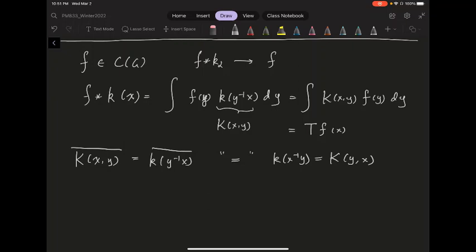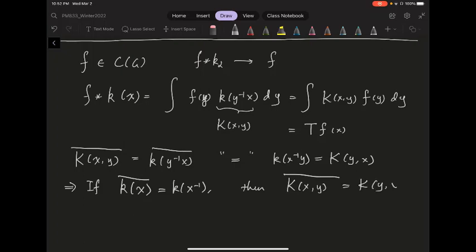And you see this just flips whatever is in there, the y inverse x. So in other words, if this K satisfies K of x conjugate equals K of x inverse, then the kernel defined this way becomes Hermitian. K of x, y conjugate is equal to K of y, x. And this is easy to do.